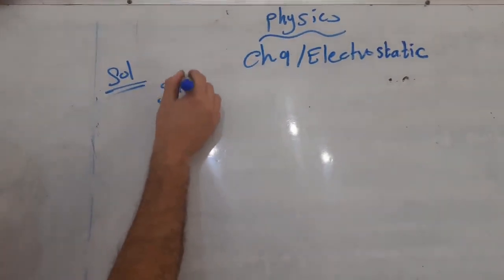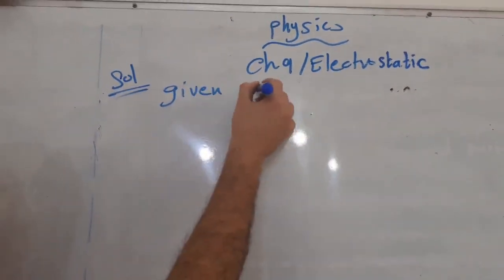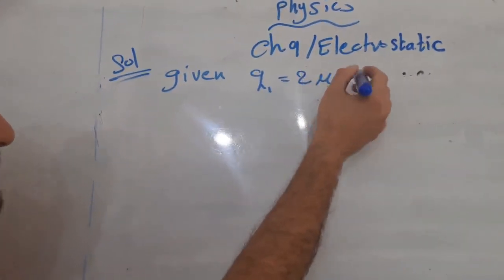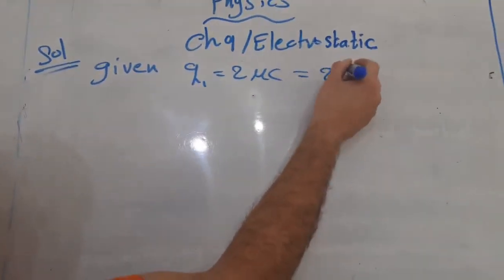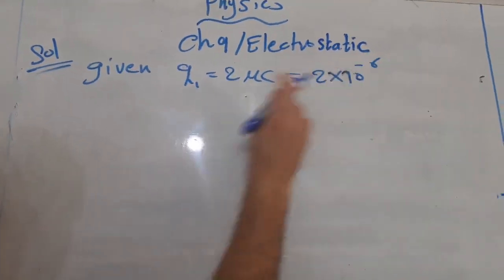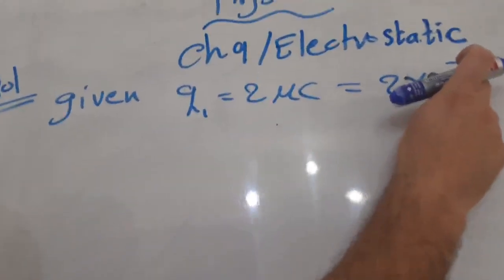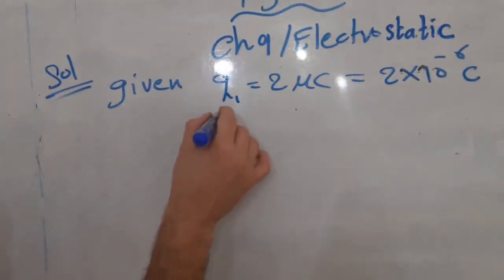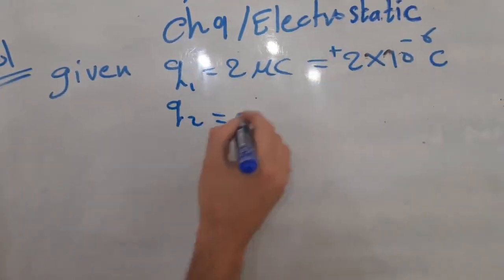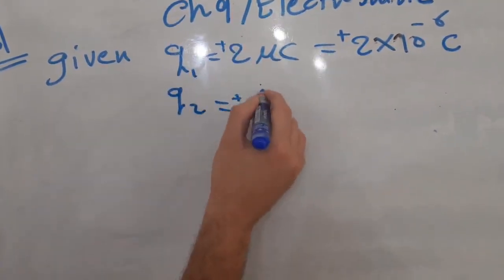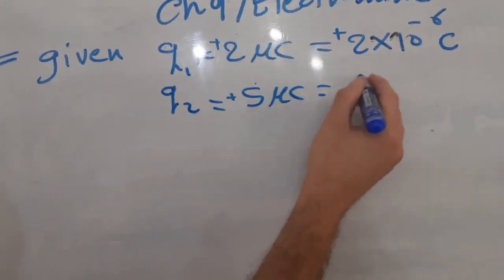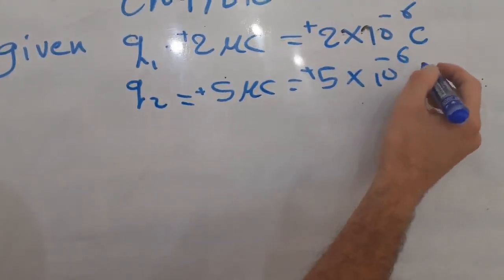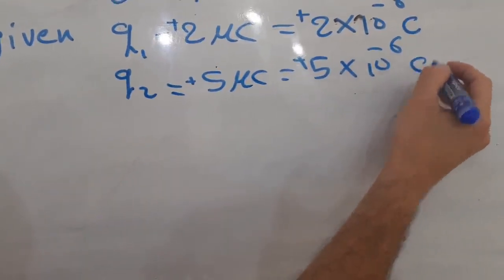Given Q1 equals 2 microcoulomb. Change micro to 2 times 10 power minus 6 Coulomb. Q2 is also positive, 5 microcoulomb, equals 5 times 10 power minus 6 Coulomb.